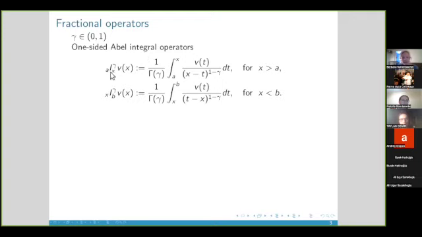Such an Abel integral of order gamma, with gamma between 0 and 1, is defined by an integral that is, so to speak, counteracted by a singularity in the integrand. So we look at a convolution between v and this weakly singular function, s to the 1 minus gamma in the denominator.